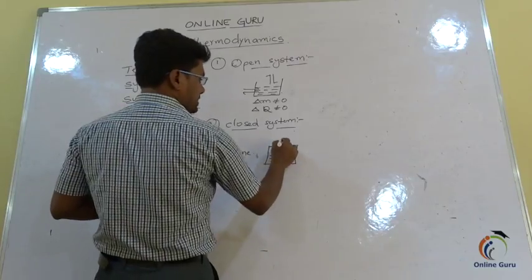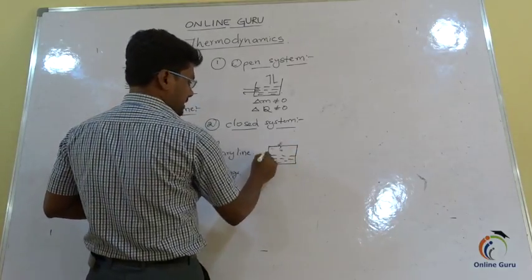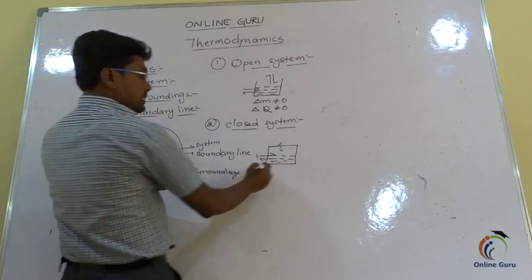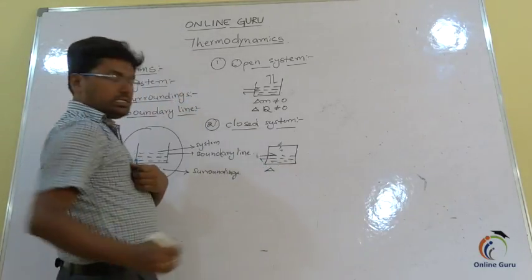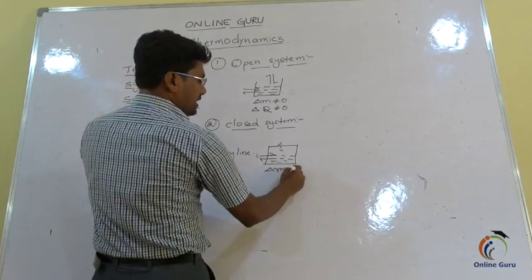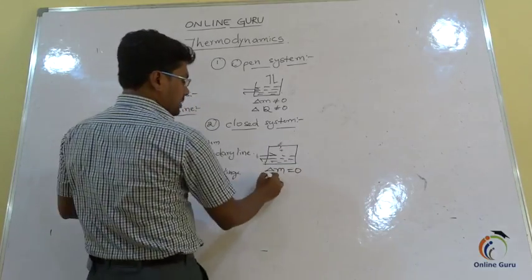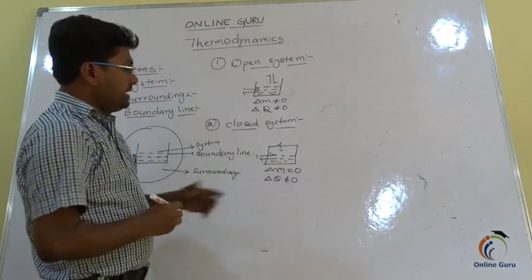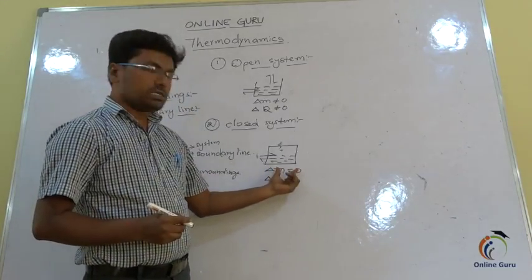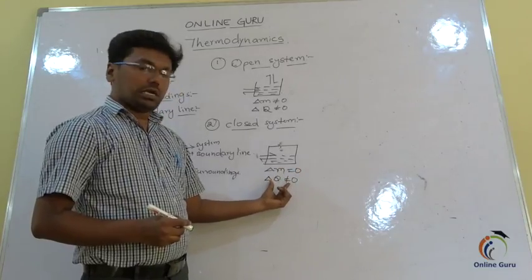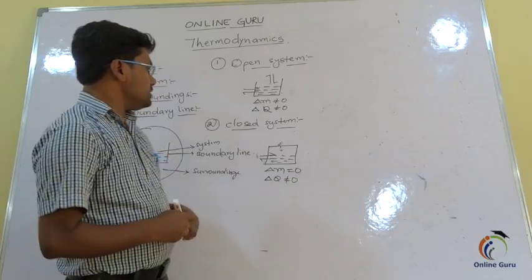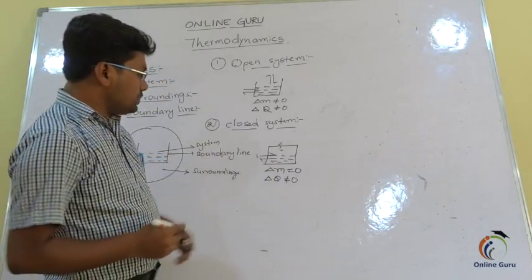Through this, matter does not exchange, but heat can exchange through the walls. So here delta M is equal to 0, but delta Q is not equal to 0, because matter is not changing but heat is changing. This is about the closed system.